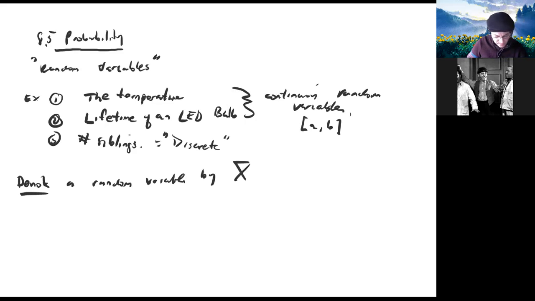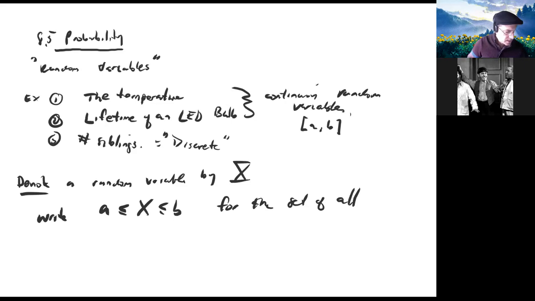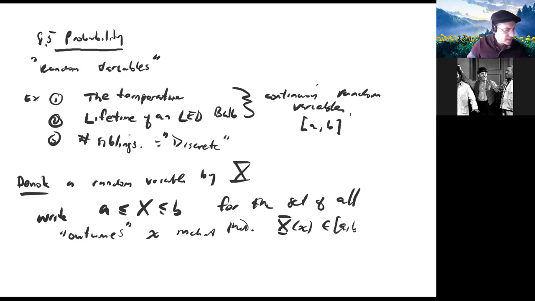In this case, I'm going to call it X. And we write A is less than or equal to X is less than or equal to B, for the set of all outcomes X such that X is in the interval A, B. Now, if this doesn't make sense, it will in a moment, okay? So let me save the screen and clear it.